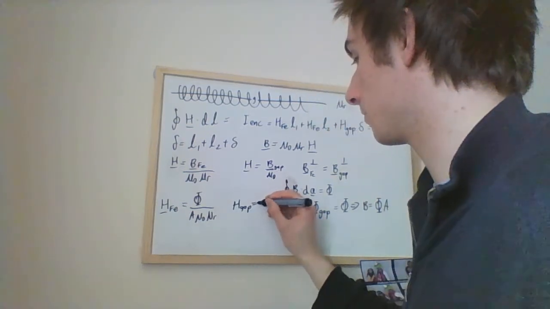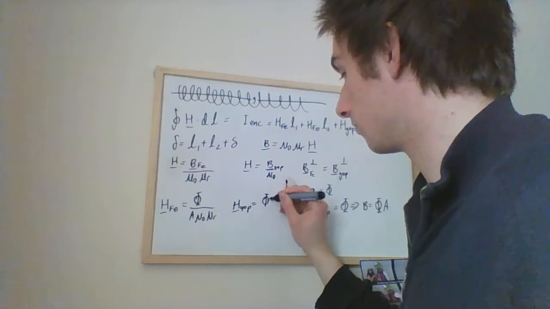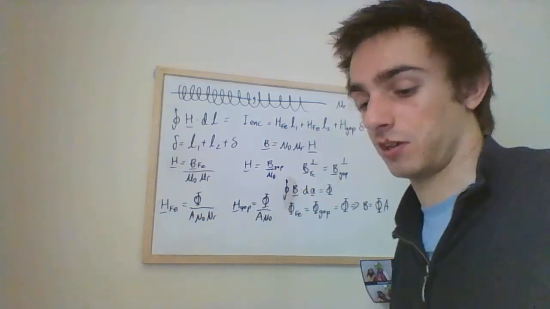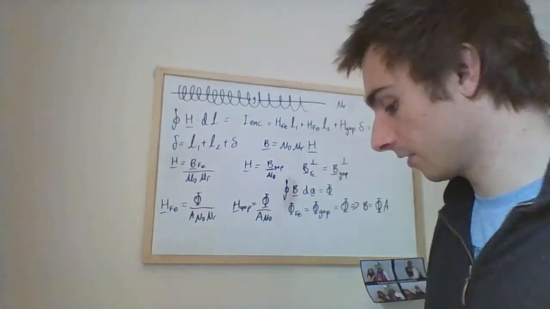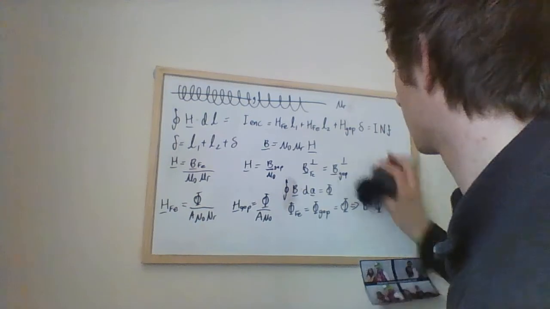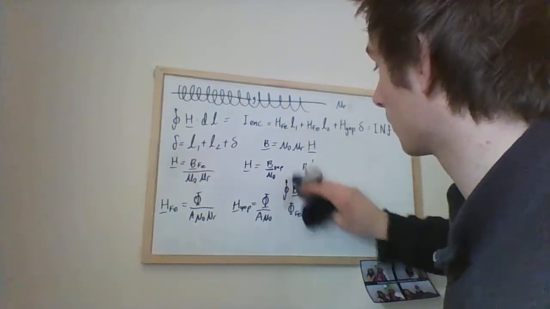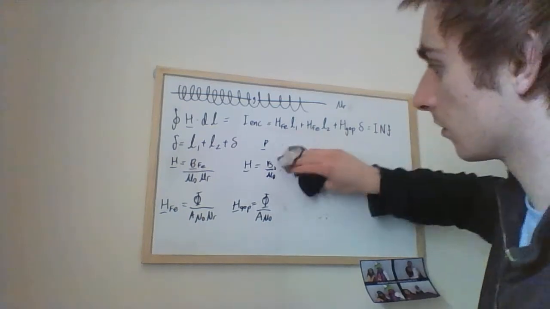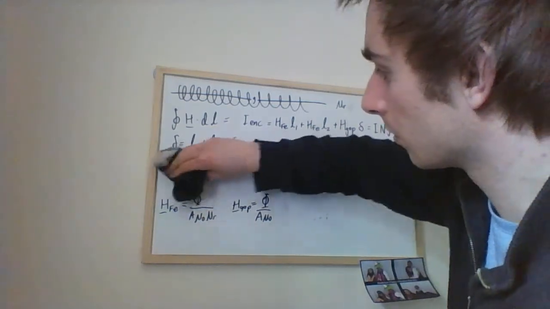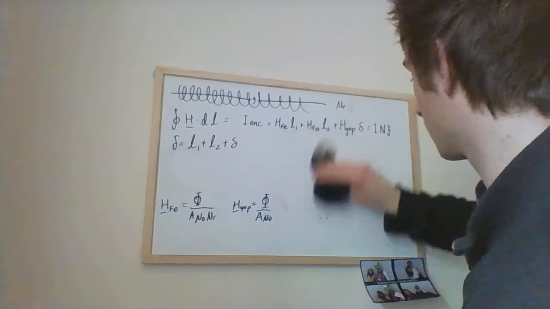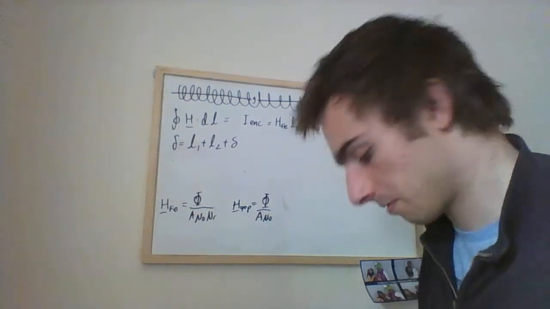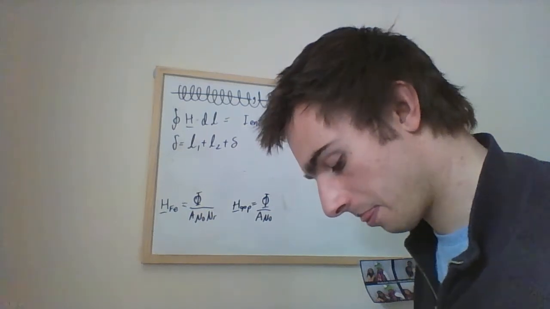H for the gap is equal to flux divided by area, and there's no mu naught term because there's no iron. I think what I have to keep here, yeah, let's keep those up for now.